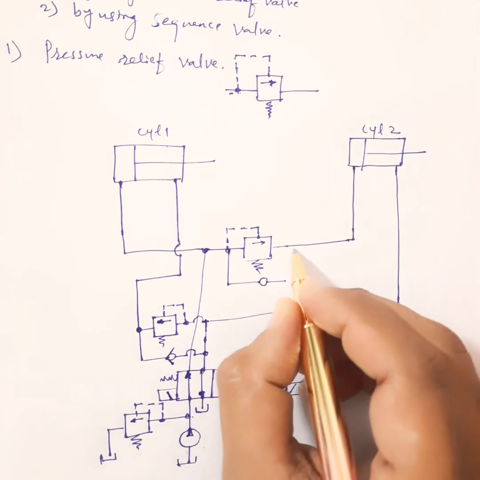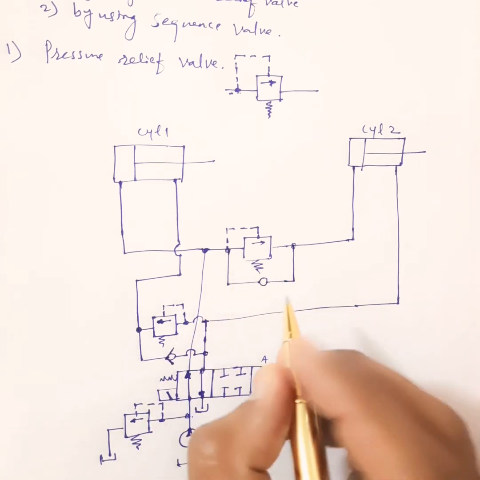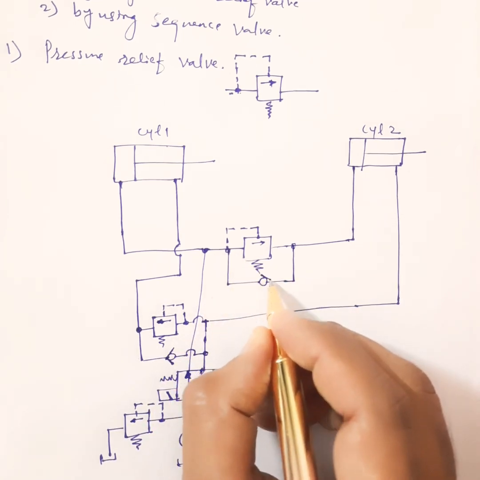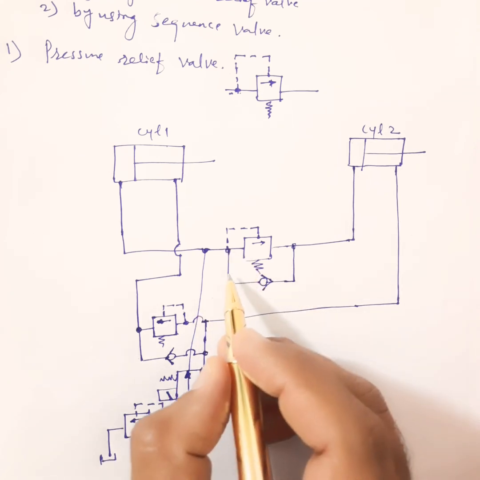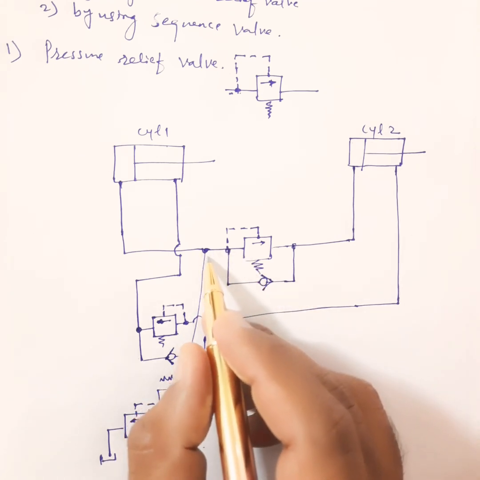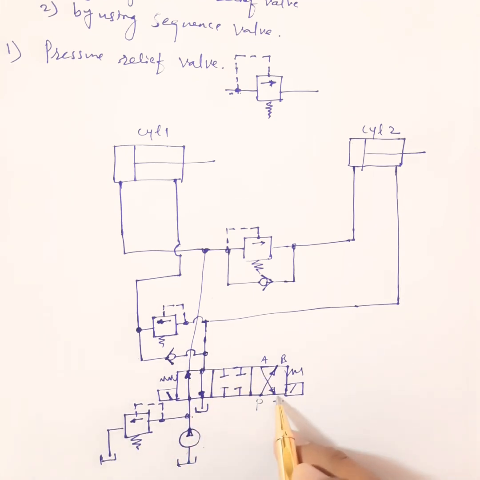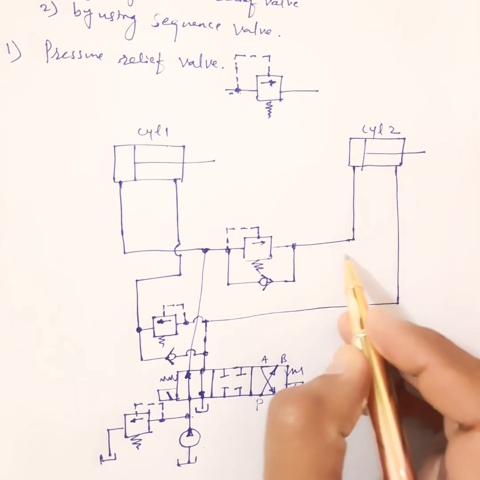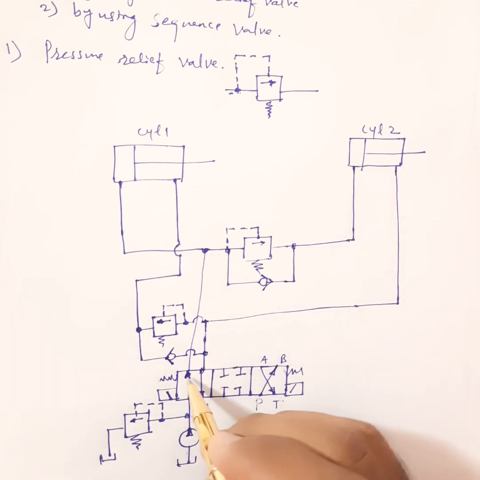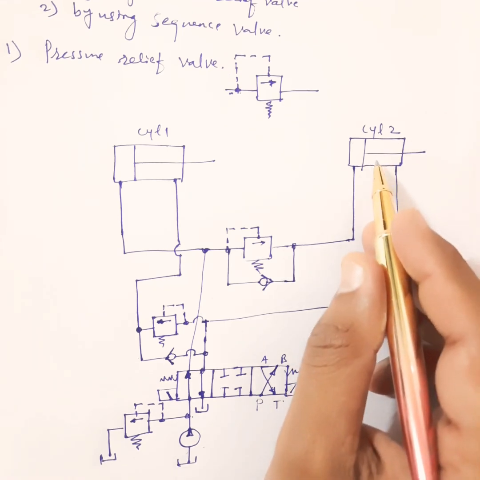Check valve is nothing but your non-return valve, which will allow the fluid to flow in one direction only. So the direction of the check valve will be like this. So this check valve will open, and your fluid will come here, then after that it will come to line A, and line A is connected to the tank. So through this check valve the return fluid from cylinder 2 goes to the tank.